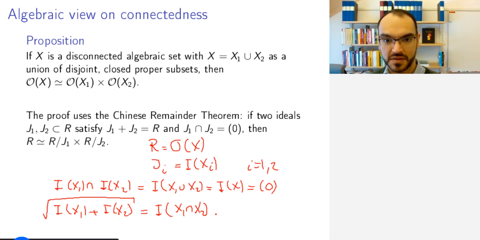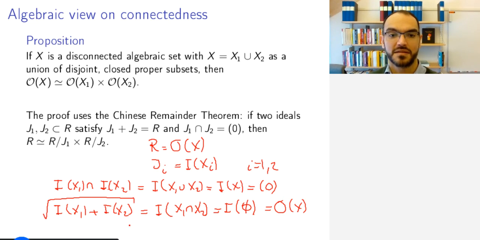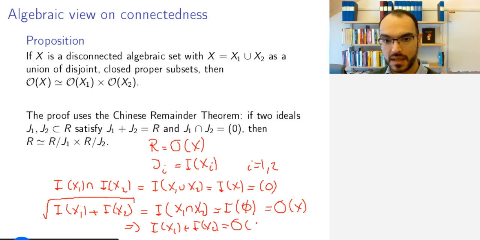But since we assume they are disjoint, this is the ideal of the empty set. So this is the whole ring. And if the radical is the whole ring, then the ideal itself is the whole ring. And so the claim follows from the Chinese remainder theorem.